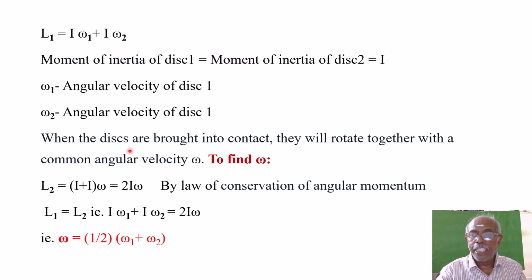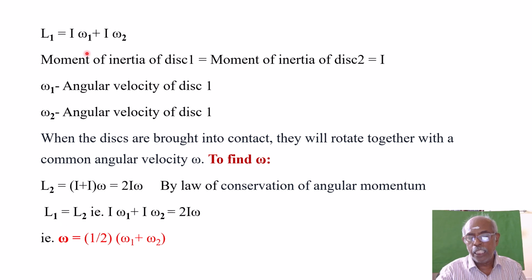Then what is the angular momentum after they are brought into contact? When the discs are brought into contact, they rotate together with a common angular velocity omega. How to find it? Already I told you that by the law of conservation of angular momentum, L1 is equal to L2.